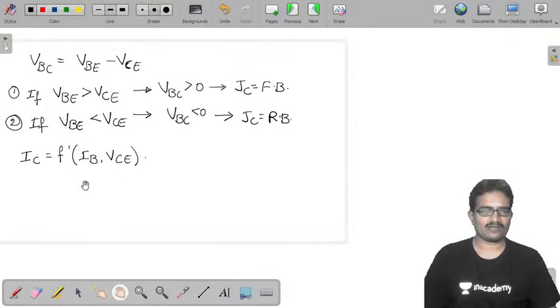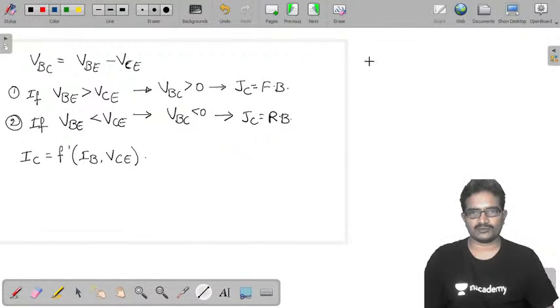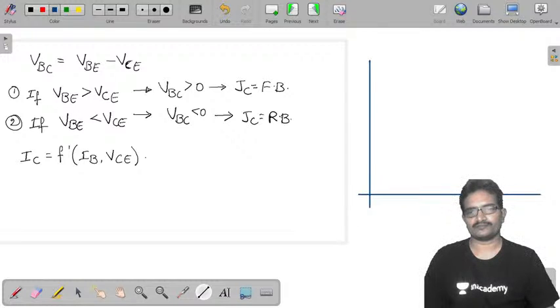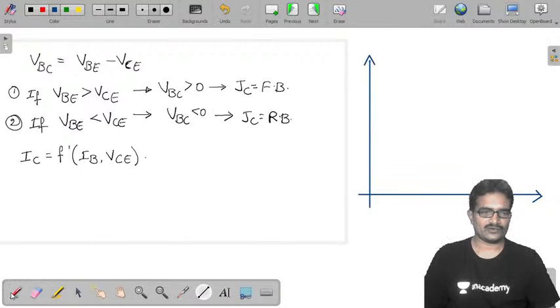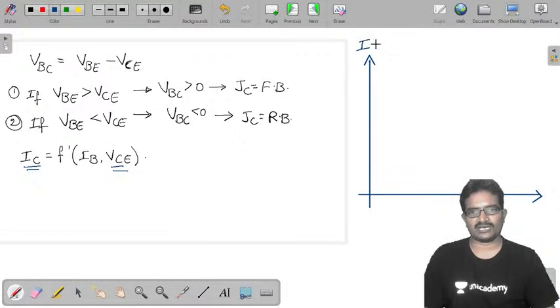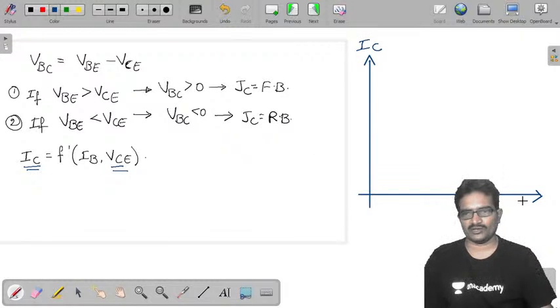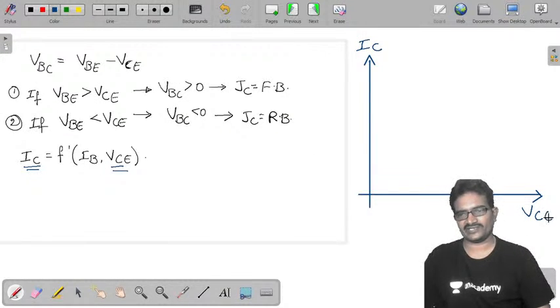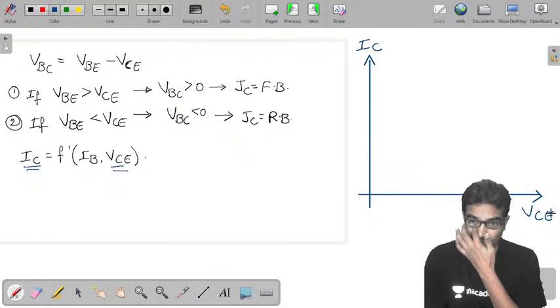To plot the output characteristics, it is a plot between output voltage and output current. Output current is IC and output voltage is VCE.